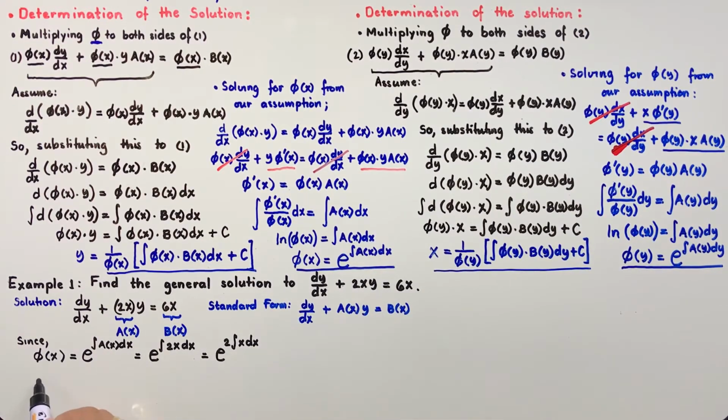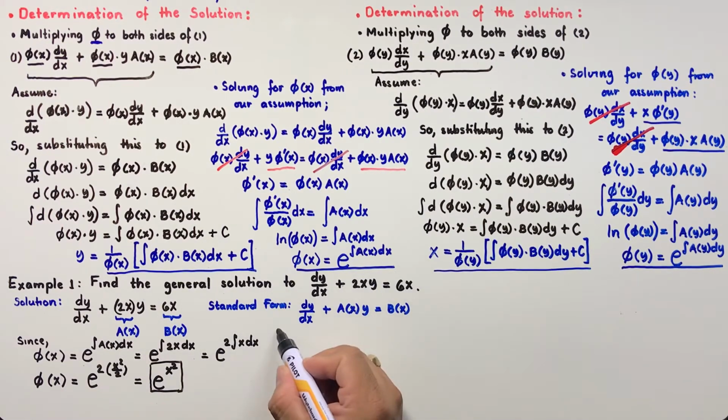And we have that our phi of x is equal to e to the power of 2 times x squared over 2 here. And simplifying, we have e to the power x squared. So our phi function is this one here.